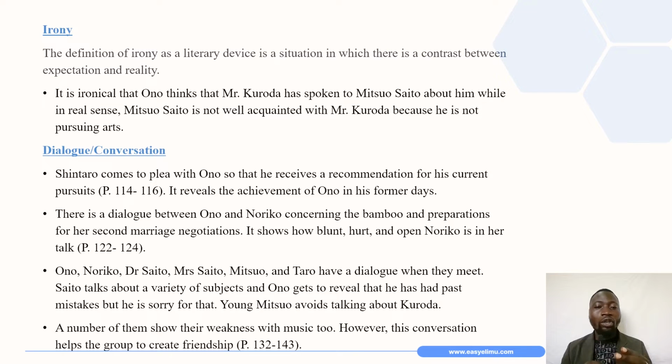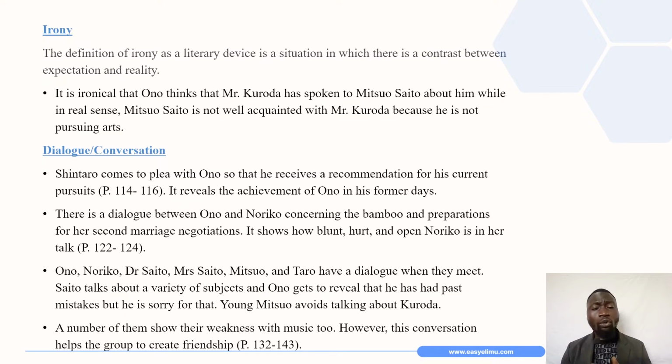So if you can remember Mitsuo Saito very well, this is the youngest son to Dr. Saito, and he is also present during the marriage negotiations. So he is a student at Uemachi College where Mr. Kuroda is working at. That is Mr. Kuroda's workstation.